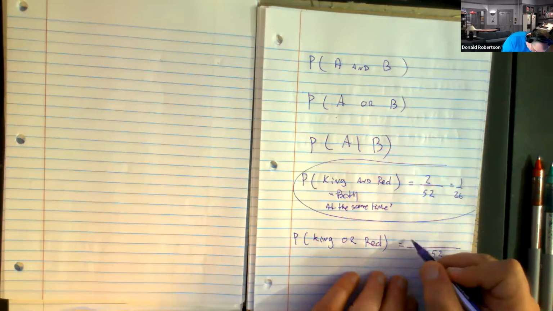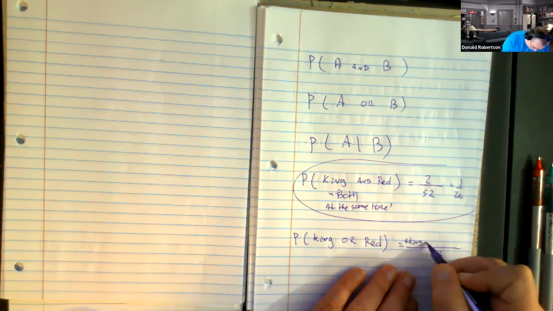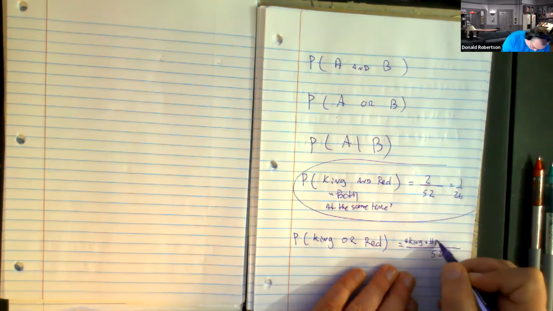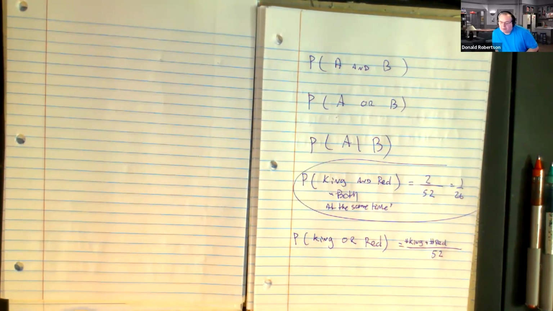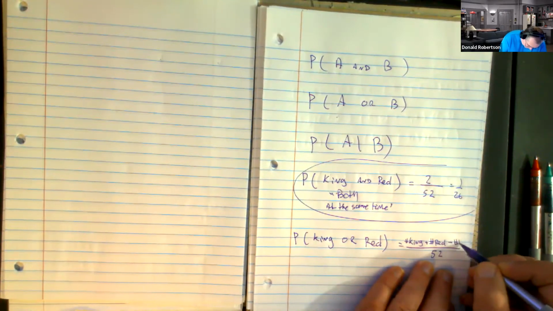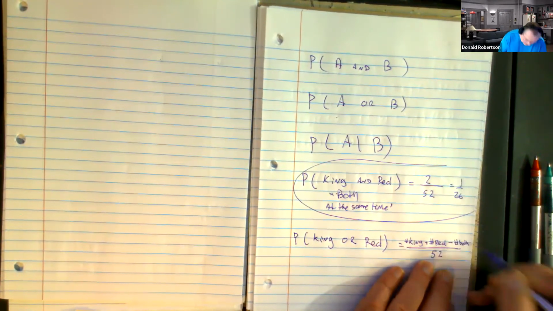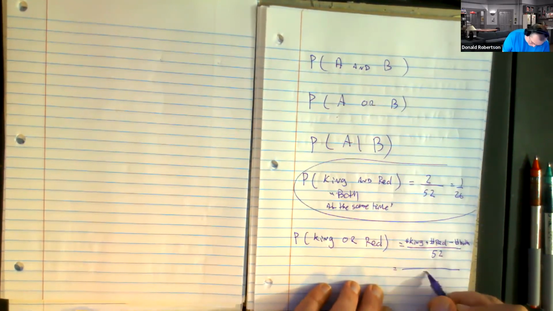So this would look like this. The number of kings plus the number of reds. And I wish it was as simple as that, but it's not, because won't you double dip if you do those two numbers? So you have to remember to take away the both. So what do I mean by that?